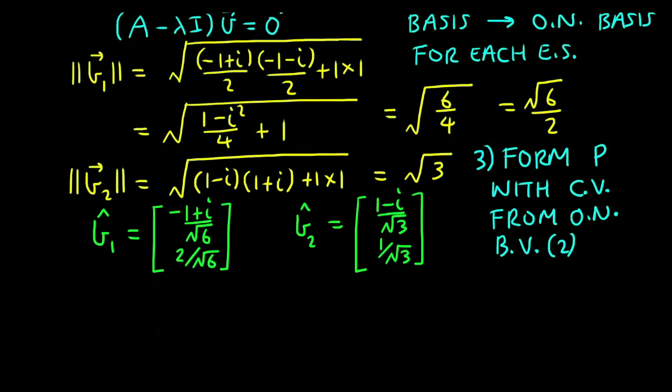So in this case, P has the first normalized basis vector in the first column, and the other unit basis vector in the second column.